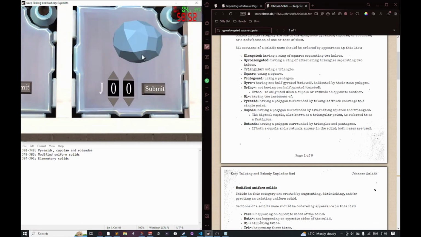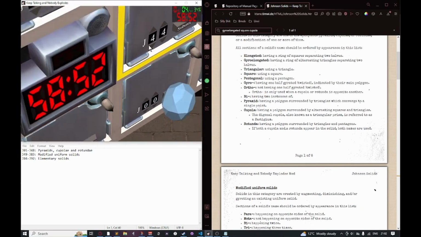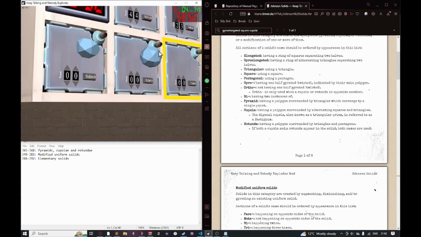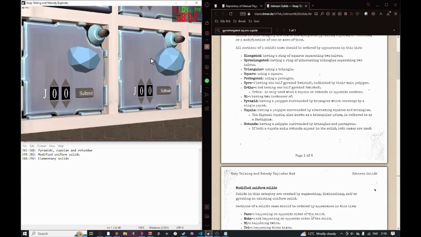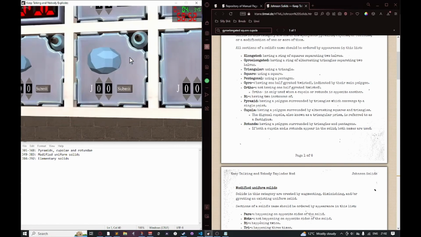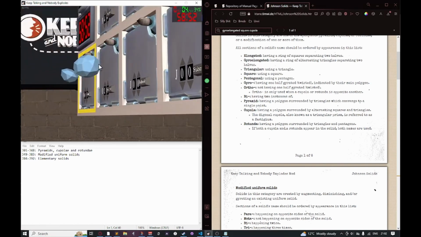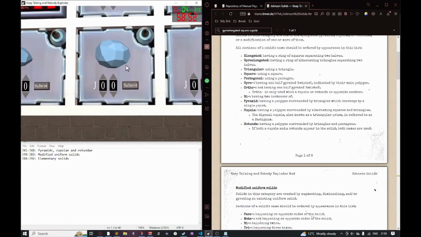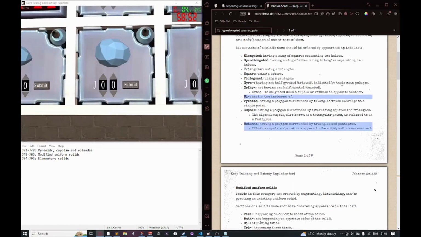We can see here we've got triangles and a pentagon, two triangles, pentagon, and this continues around this main pentagon here. We also happen to have two of them, so this is another pentagonal rotunda, because we've got pentagon, two triangles, etc. So we have a birotunda.